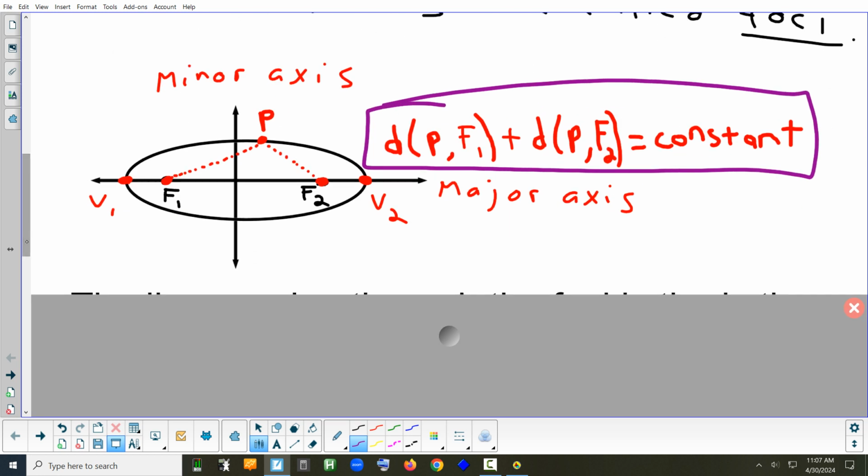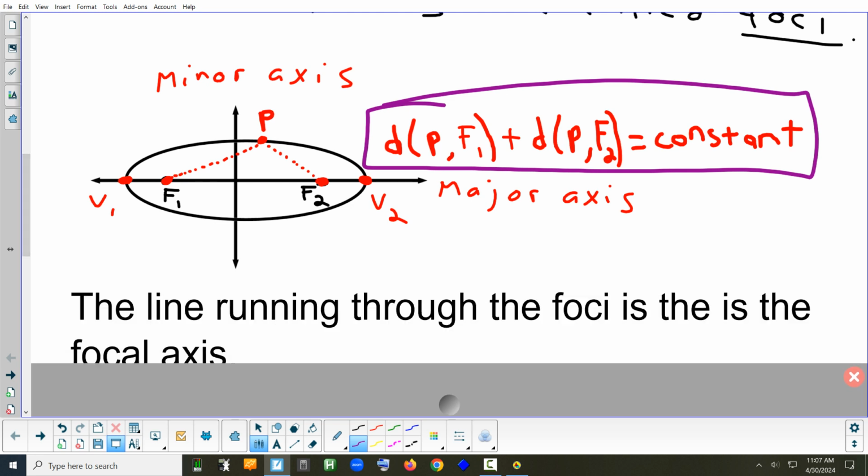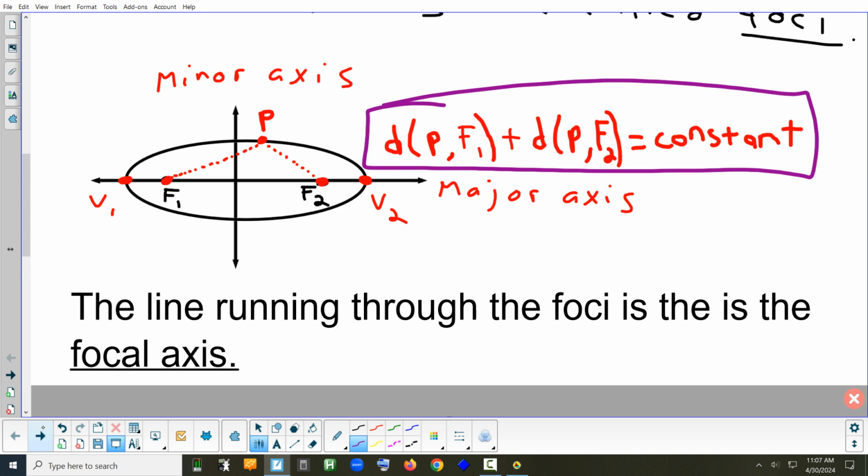Okay, I'm going to talk about some other terms up here in a second. I'll talk about them as we scroll down. I'll kind of fill them in as we go too.